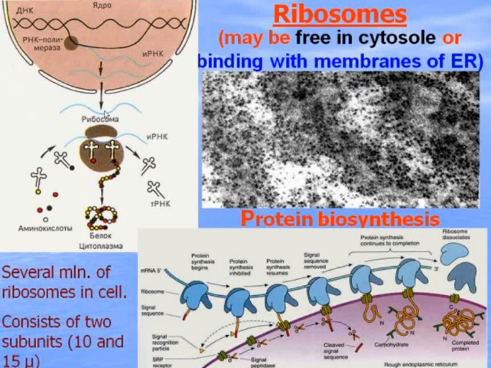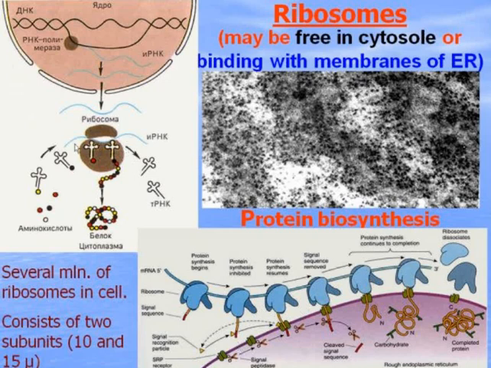So a ribosome is 25 nanometers in size. Ribosomes may be free, located in the cytosol, or bound to the membranes of the endoplasmic reticulum, and together they produce rough endoplasmic reticulum.